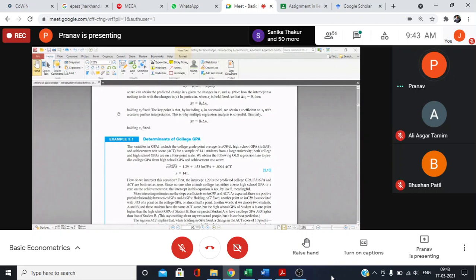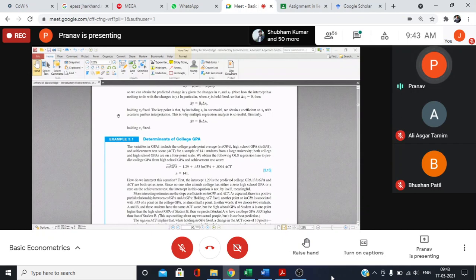Okay, all right. So this is a very simple example. If you see the data set GPA1, it contains many variables. But for the sake of simplicity, the example only talks about two explanatory variables and one response variable, that is college GPA. It talks about regressing the college grade point average of various students, and the sample size here is 141.